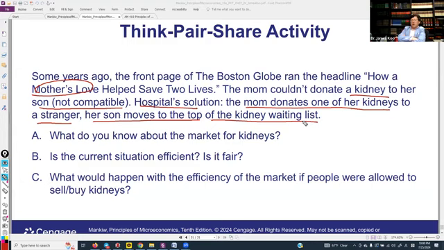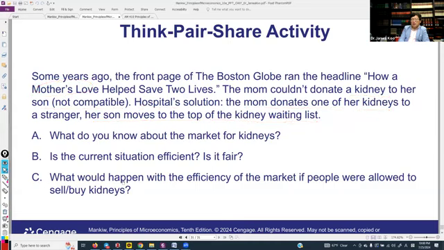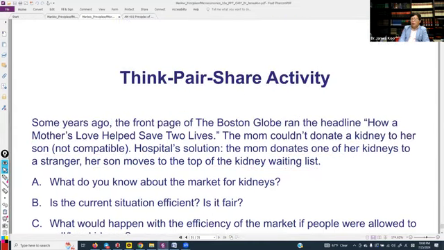Kidney sales? Wow. I think human organs like a kidney or skin are not easy to assign a market value to. Oh, okay.